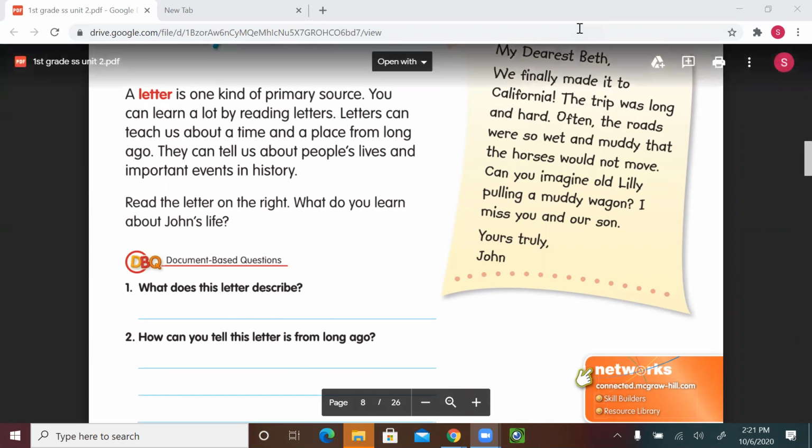So let me write the answer again, because maybe I removed it too fast. The first one we say, it was describing a trip to California.